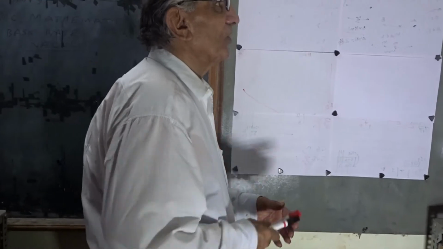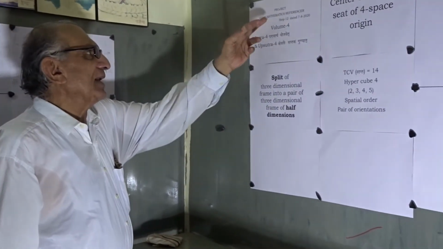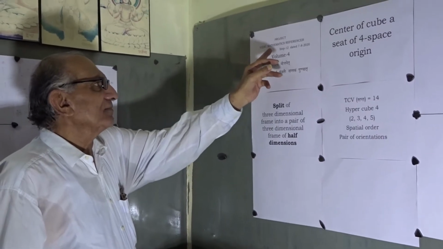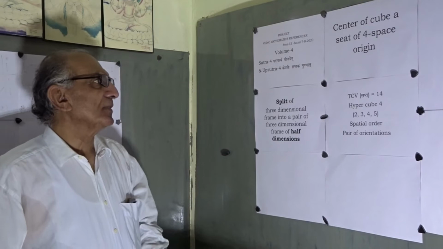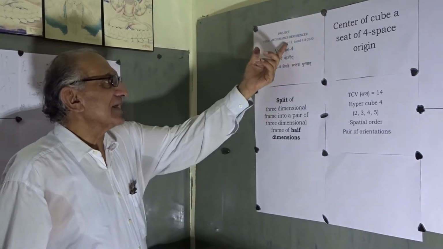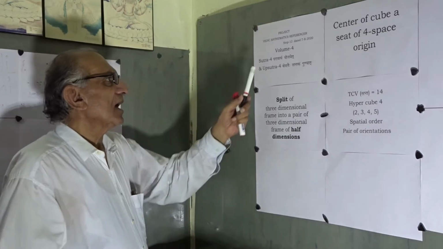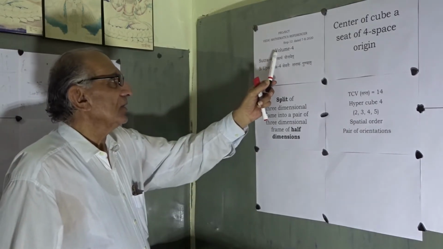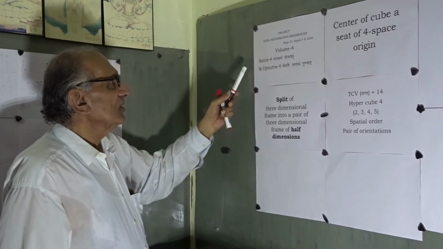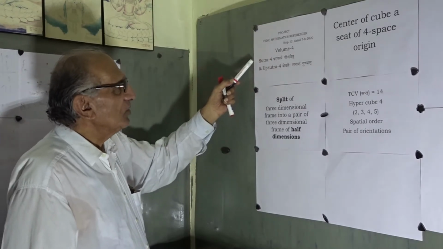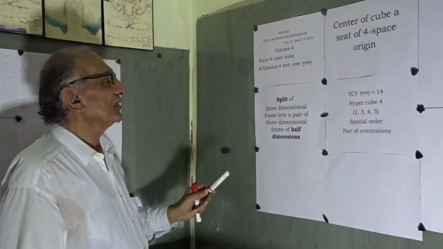Welcome. We are exploring steps for compiling Vedic Mathematics references. Today, as step 12, our focus is upon volume 4 of this project, which is to cover the mathematical domain of Sutra 4 and Sutra 4.